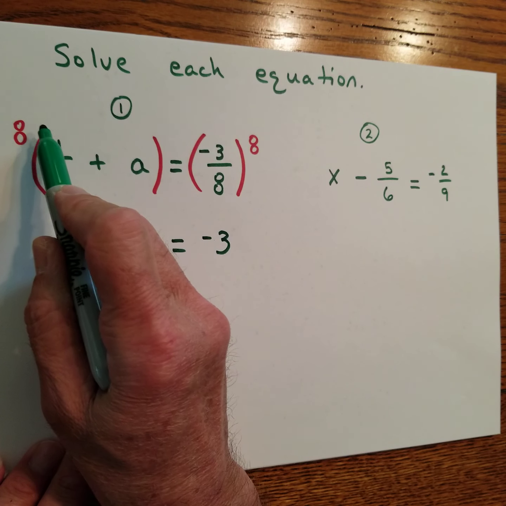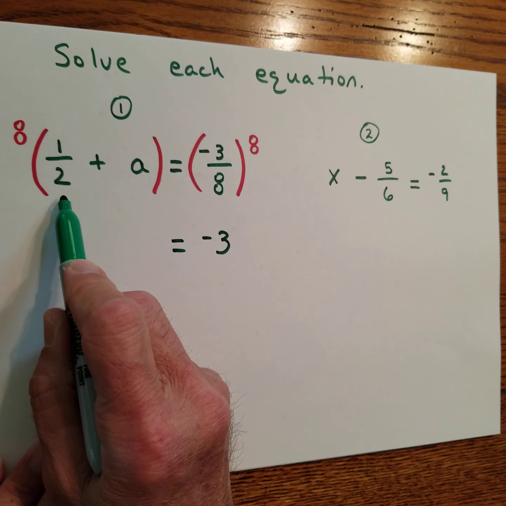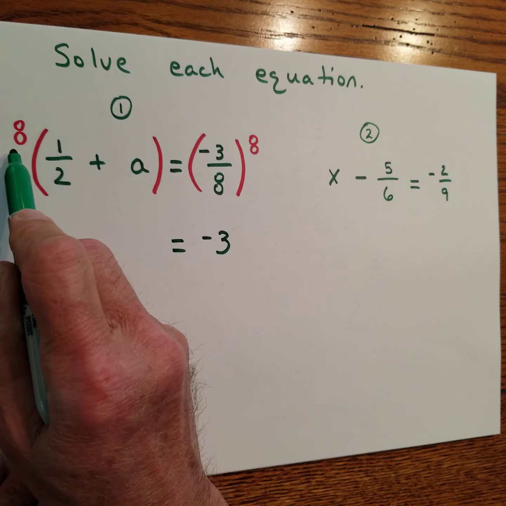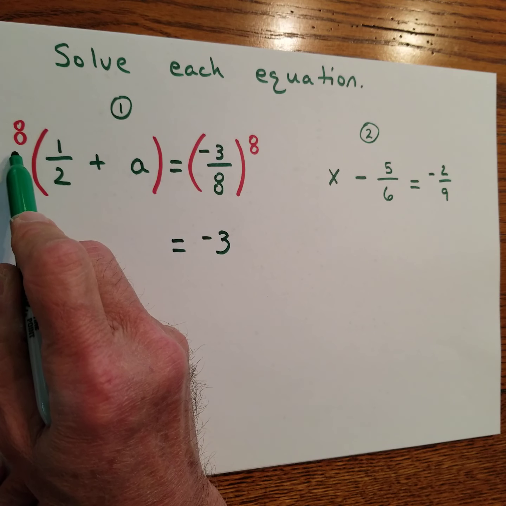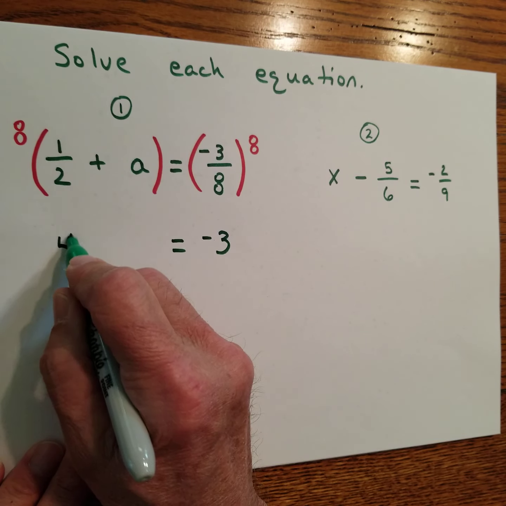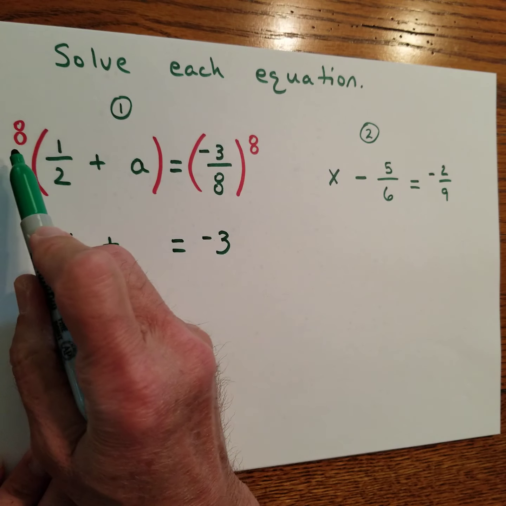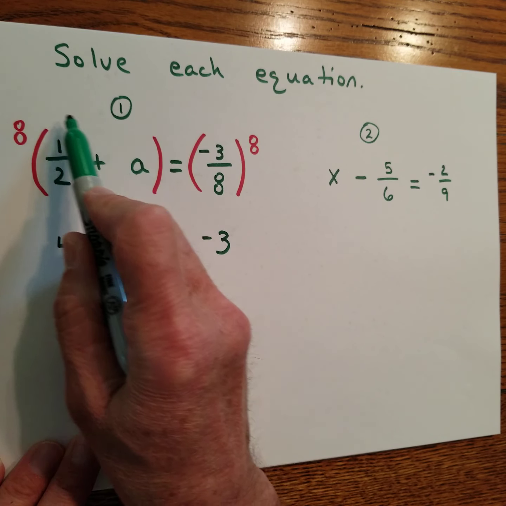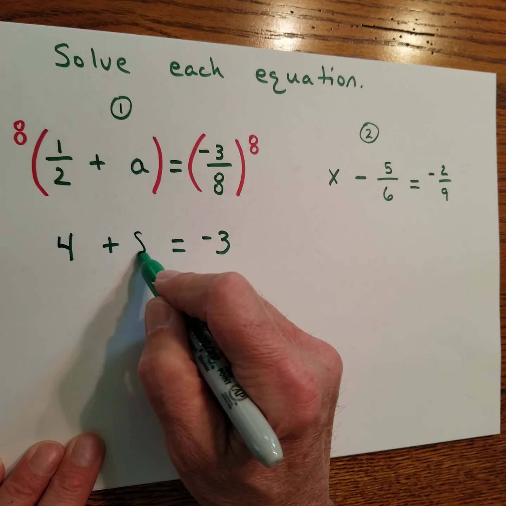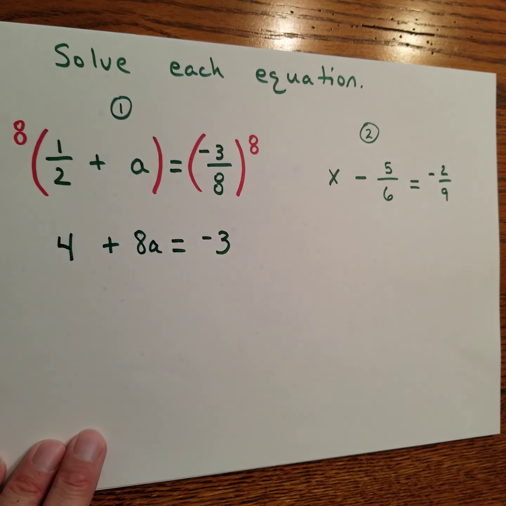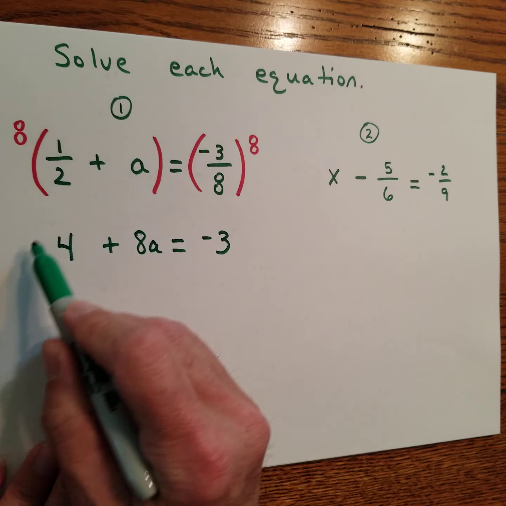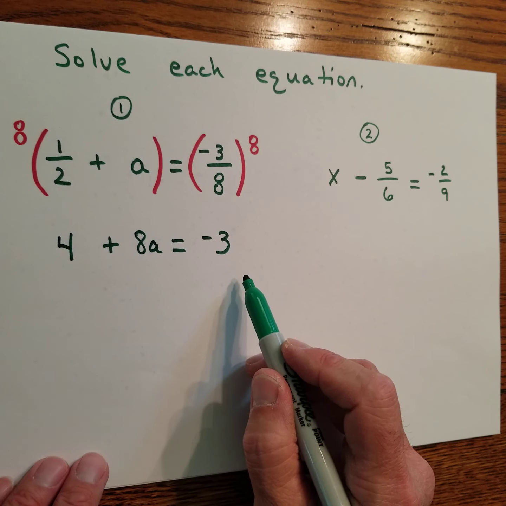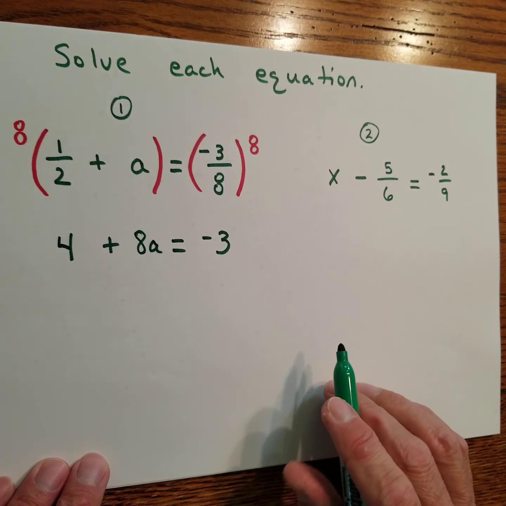When I multiply 8 times 1/2, how many times does 2 go into 8? 4. 4 times 1, 4. Now when I multiply 8 times a, well, that's just 8a. Now if I solve this equation, I'll get exactly the same answer as if I solve the original equation.